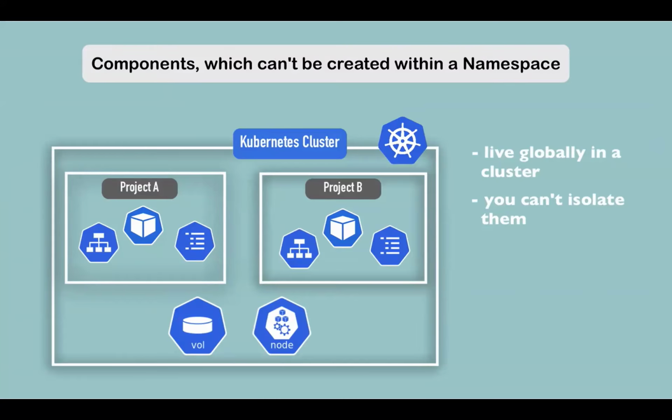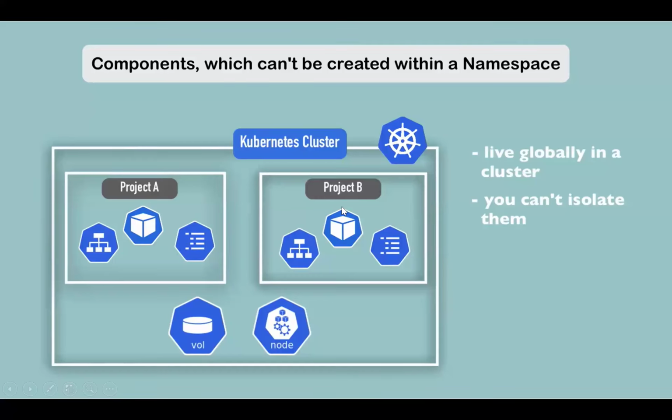There are a couple more things we can look into quickly: which components can be created within a namespace. Some components are created in a namespace, and some need not be created within a namespace. For example, volume, which is open to all, and the node, which is open to all. Inside the node, you create your projects, or the node is a different one.